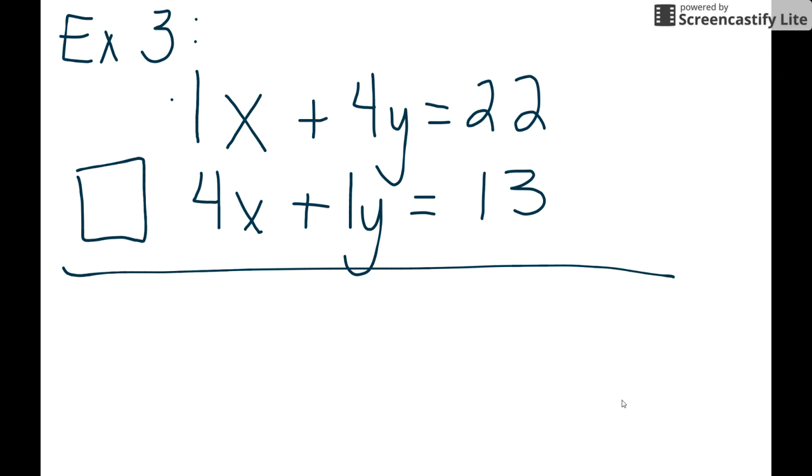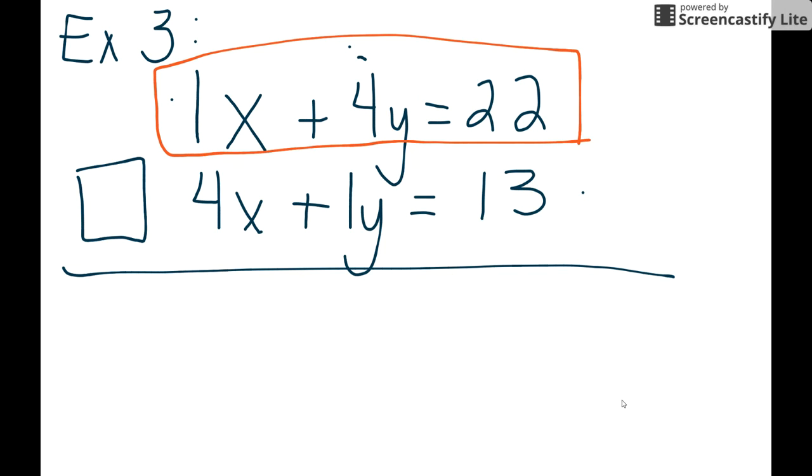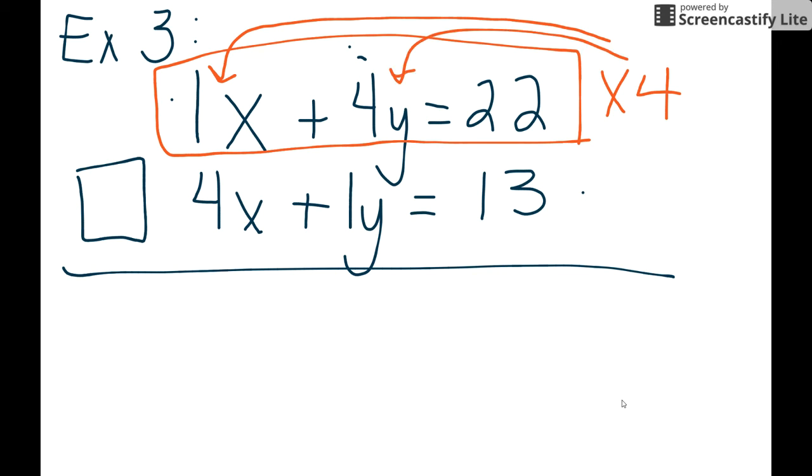And for the y value, if I take this one times 4, it will go back to this one. So again, choose whichever one you want to. I'm just going to go ahead and do this top one, and I'm going to take it times 4 so that I can cancel my x value. So times 4, and times 4. The entire equation has to get taken times 4.